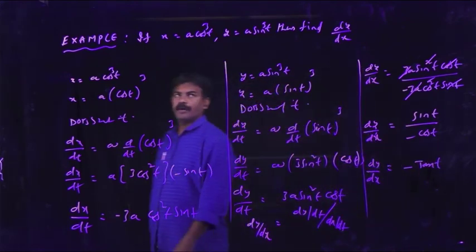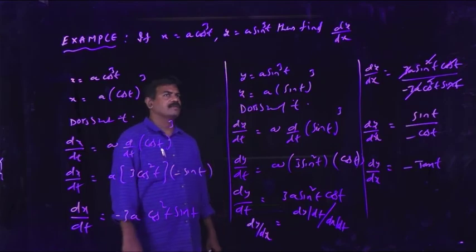That is the derivative of x is equal to a cos cube t and y is equal to a sin cube t.